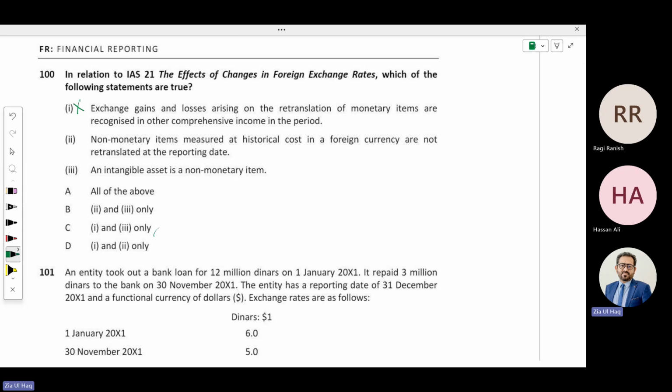This means options C, D, and A are wrong. So non-monetary items measured at historic cost in a foreign currency are not translated at the reporting rate. Yes. An intangible asset is a non-monetary item.